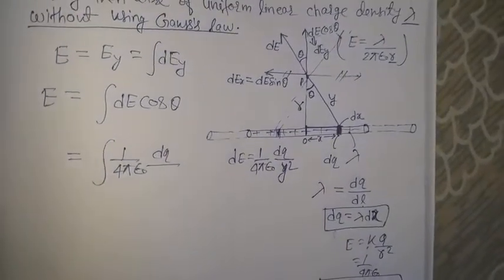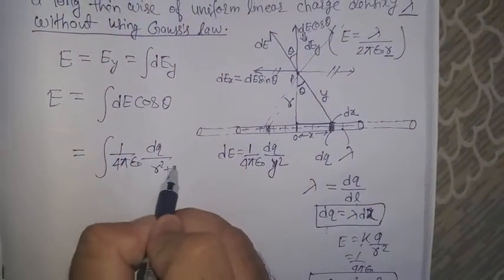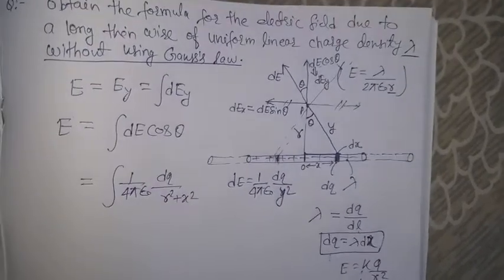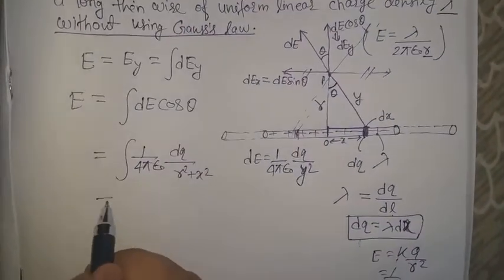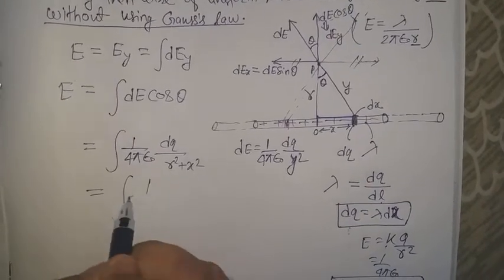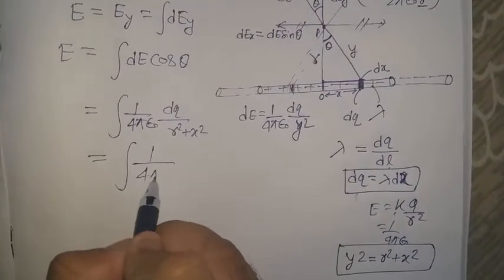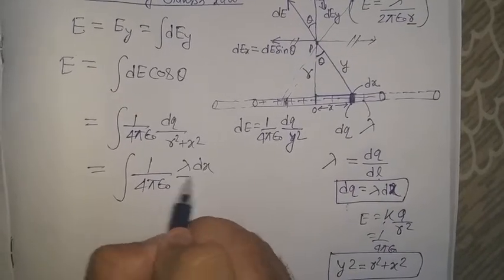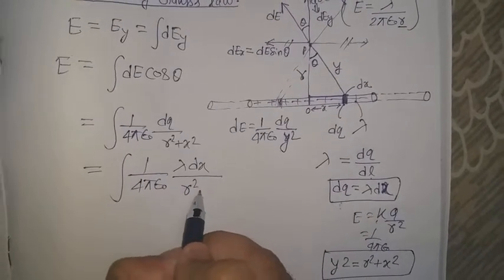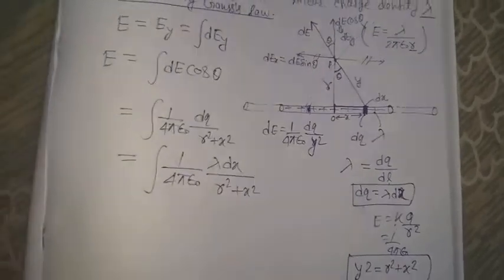What is y square here? By Pythagoras theorem, y square is r square plus x square, because this is x and this is r. Put this value here. dE equals 1 upon 4 pi epsilon naught dq upon r square plus x square, and the value of dq is lambda into dx. So this becomes 1 upon 4 pi epsilon naught lambda dx upon r square plus x square.